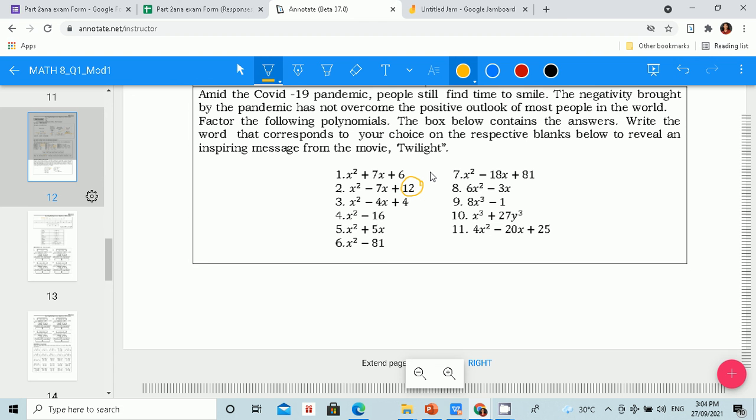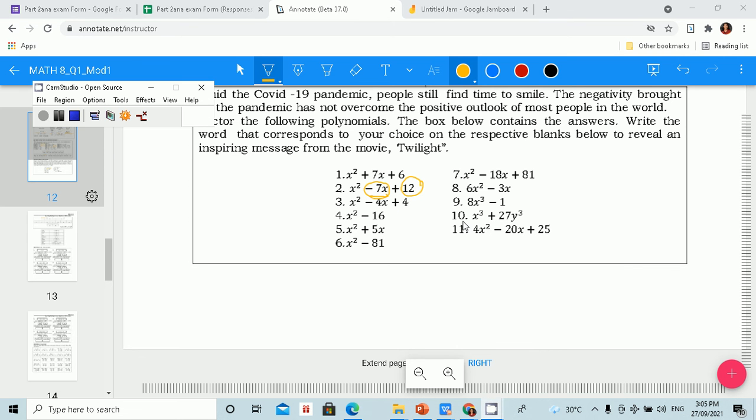That is 6 and 2. That we will be left with negative 7 in the middle.